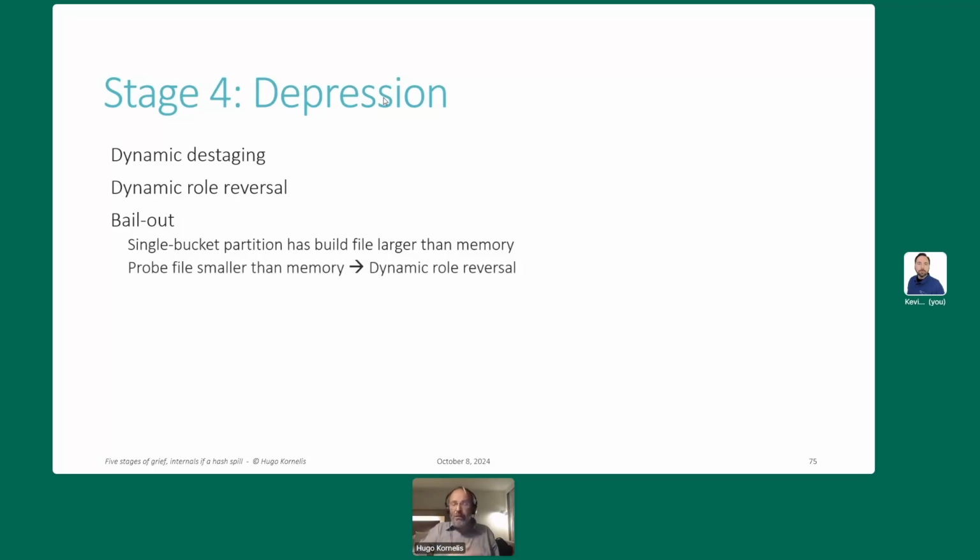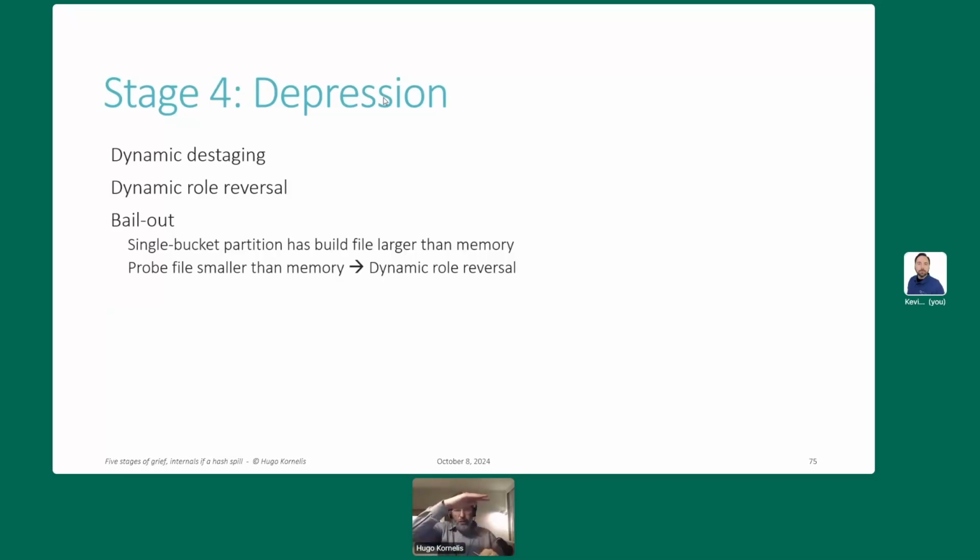Now, because we have everything in files, we can still check for dynamic role reversal. Perhaps bucket 4 is large like this in the build, but small like this in the probe. Let's switch them, problem solved. Good. That's why we do dynamic role reversal. We escape from the bailout scenario.